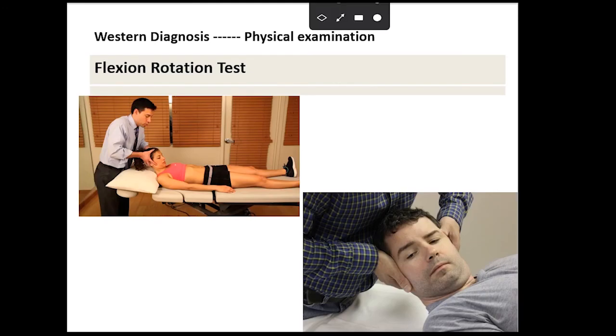Then we go to the second one. We have 4 tests here. The second one we call the flexion rotation test.